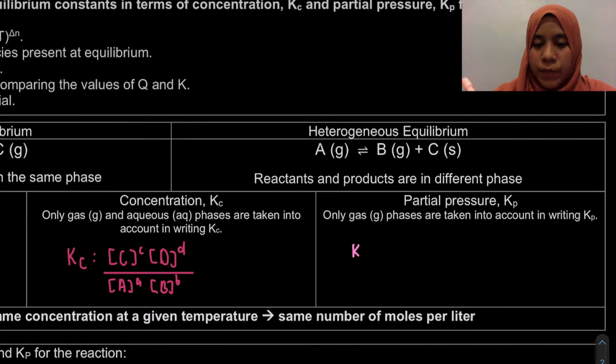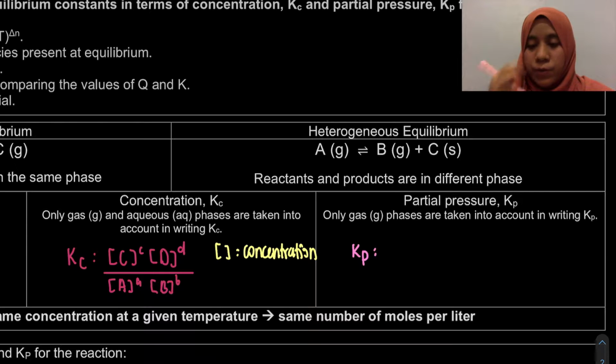Kp stands for pressure. It is still product over reactant, but since it is pressure, we do not need to use square brackets. Square brackets again mean that it is for concentration.